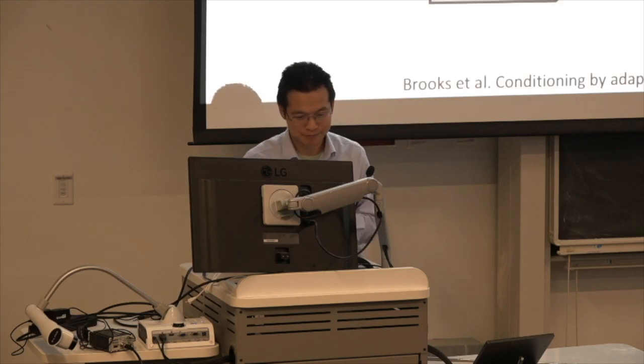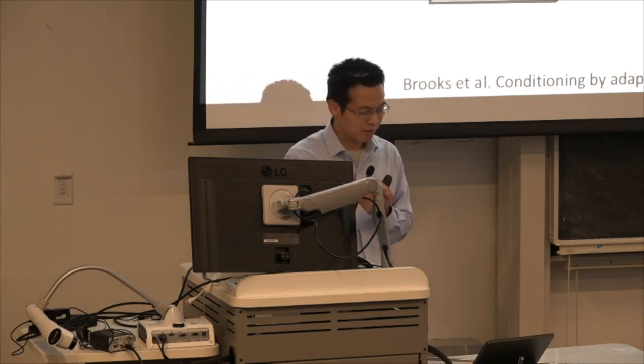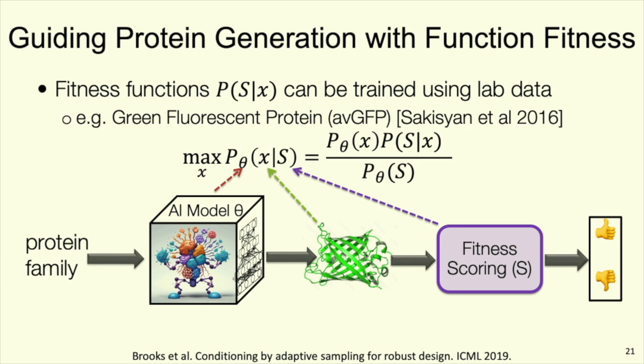Okay, let's start with the first one. For sequence-based design, our goal is to generate or design a protein sequence satisfying a certain property. Here, to represent the property, we use a scoring function called the fitness score to indicate the function.